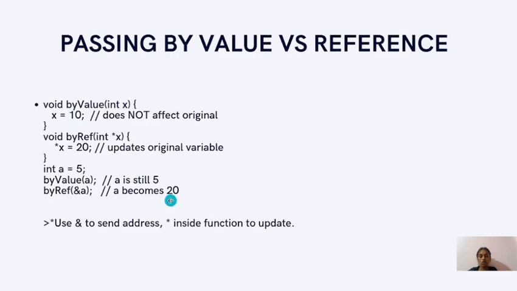For instance, if a = 5, after calling byValue(a), a stays 5. But after calling byReference(&a), a becomes 20. Pass by reference is useful when you want a function to update the caller's data.